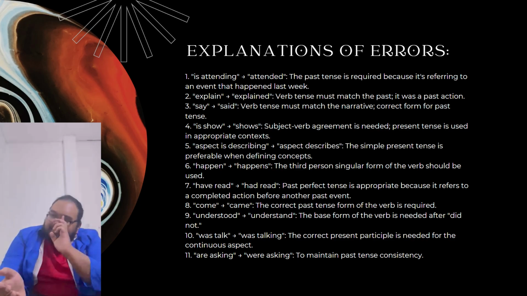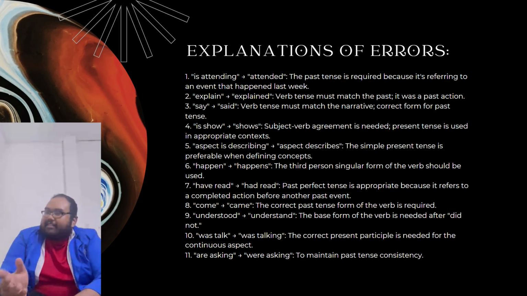Now, number 8, came. The correct past tense form of the verb is required. Number 9, understood, to understand. The base form of the verb is needed after did not. Number 10, was talking.